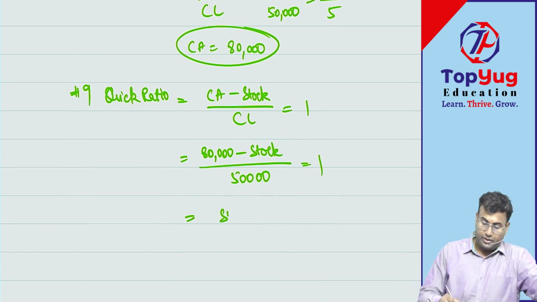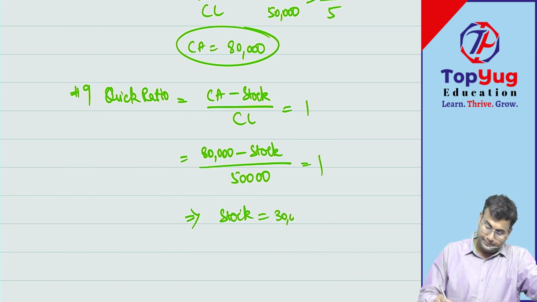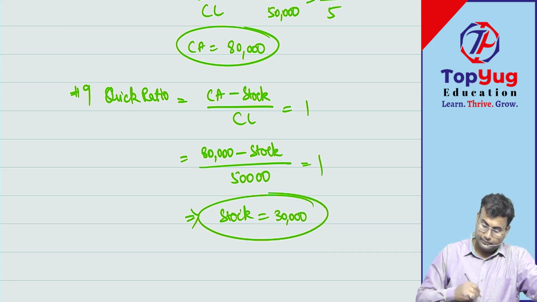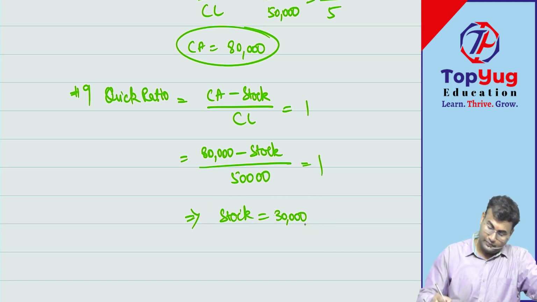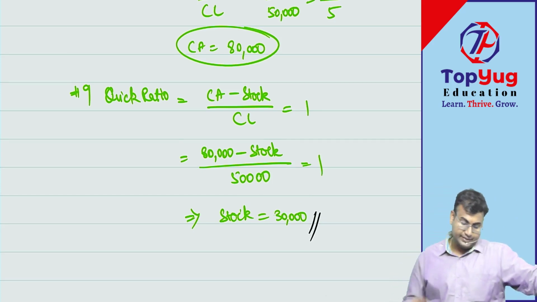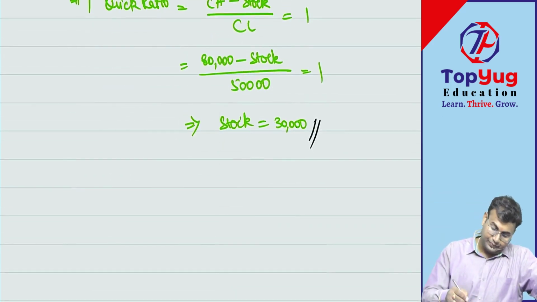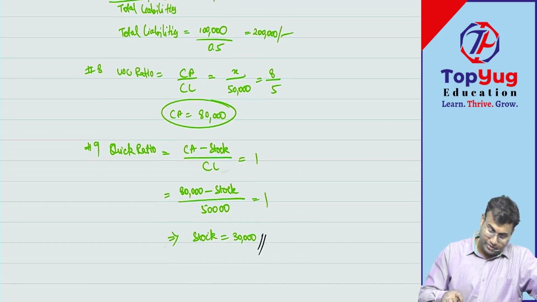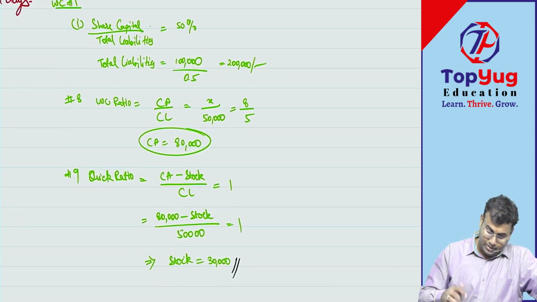How much is your stock number? 30,000. Yes or no, guys? Yes. Continue. I'm just changing the color of the ink because I believe in the recording it will look very light.